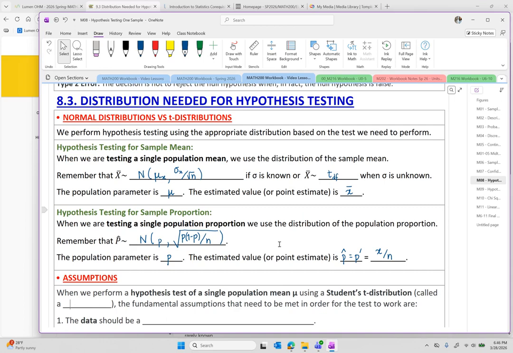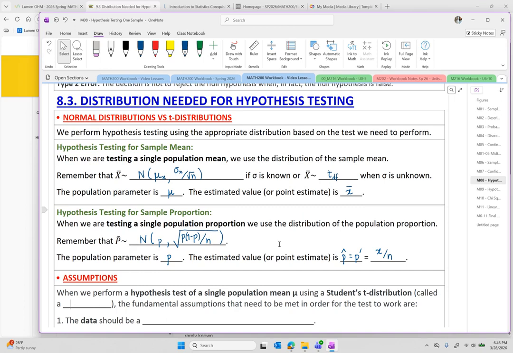Or if we don't know the standard deviation of the population, if we don't know sigma, then the distribution of the sample mean will follow a t-distribution with degrees of freedom equal to n minus 1. The population parameter is mu, and the point estimate is the sample mean x bar.